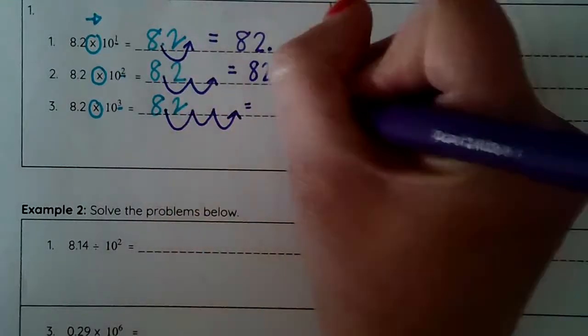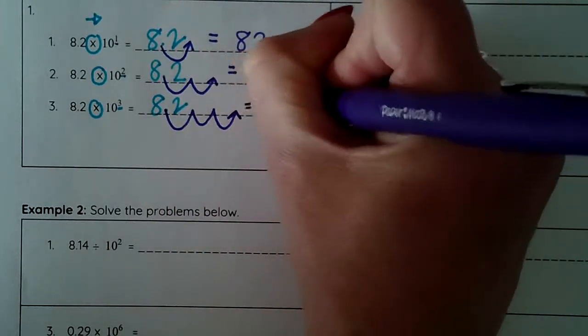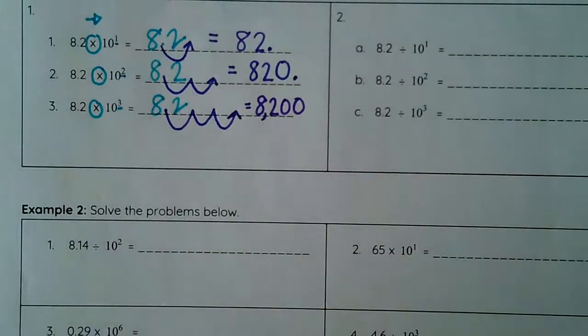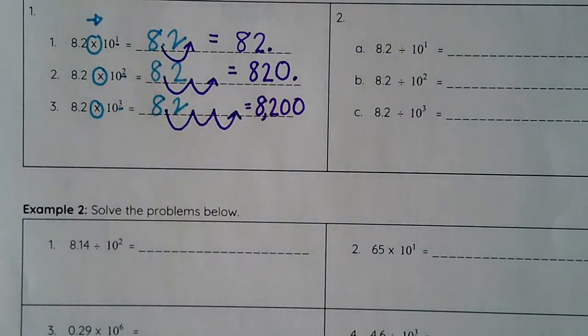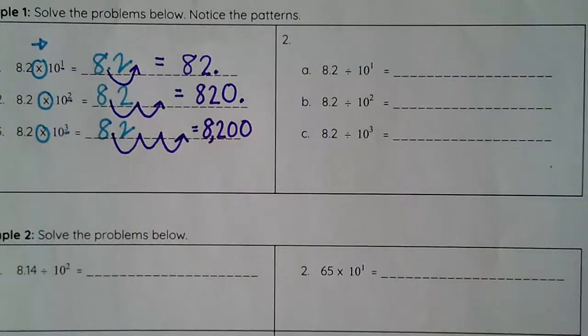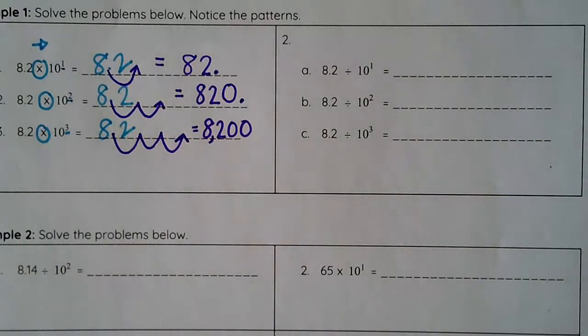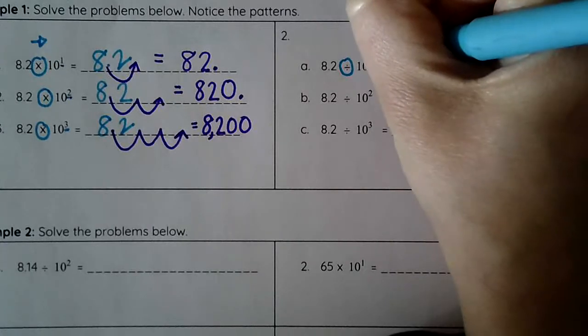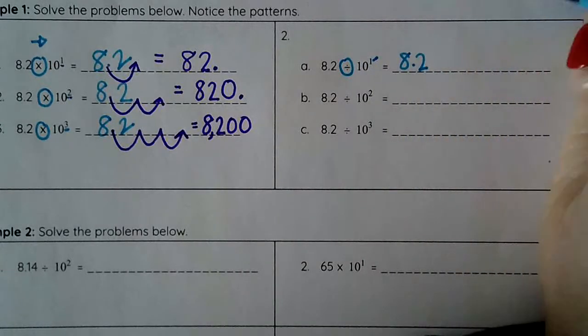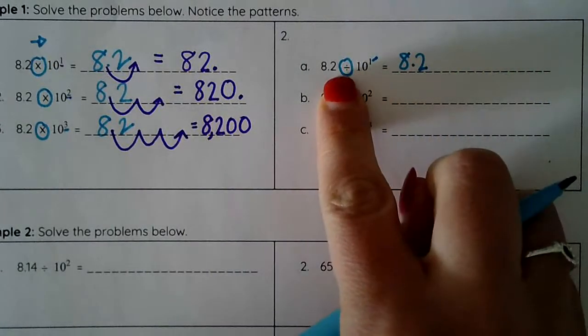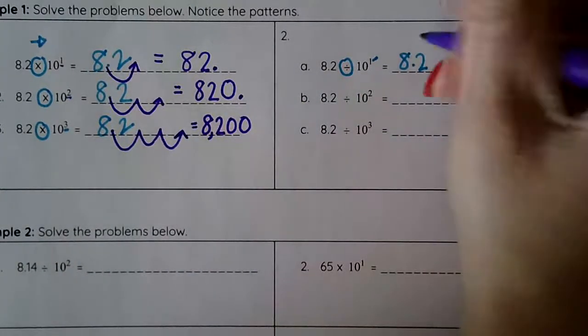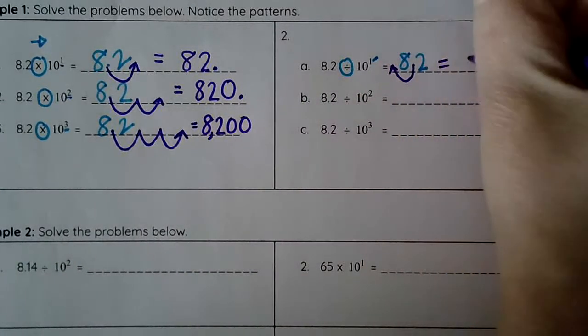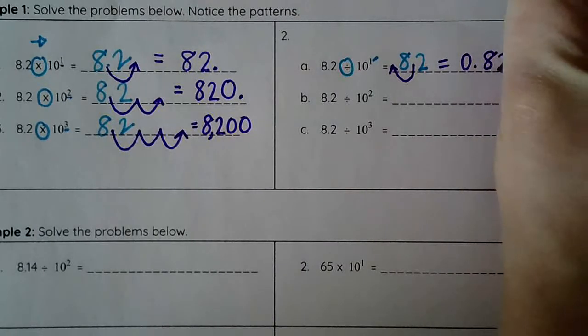I've got 2 zeros here. 8,200. Same thing with division, except this time I move my decimal to the left. So I am dividing. I move my decimal to the left because of division 1 time. That gets me 0 and 82 hundredths.